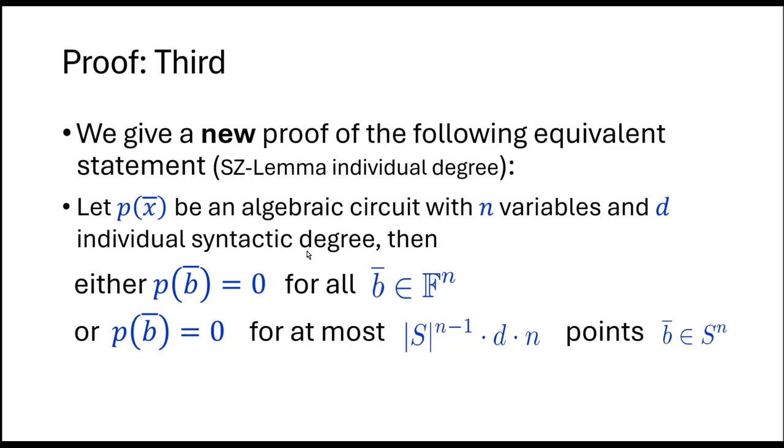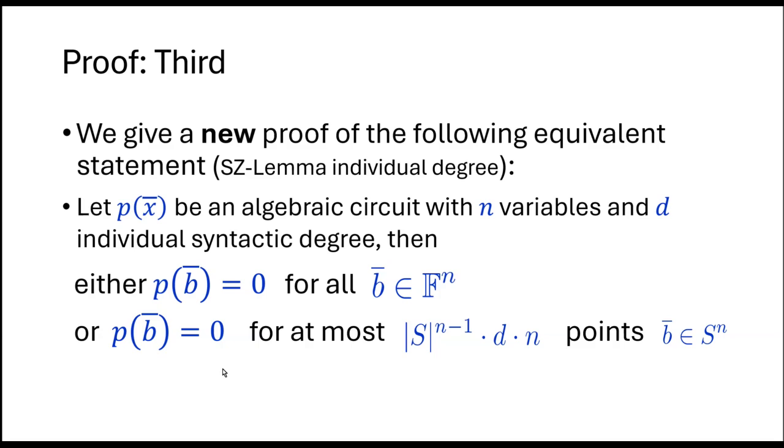For the sake of the theorem, we're going to have this given as an algebraic circuit, but you can consider it just as a polynomial. Then either P(b) is 0 for all b in the field to the power of n. So it's completely 0 everywhere.